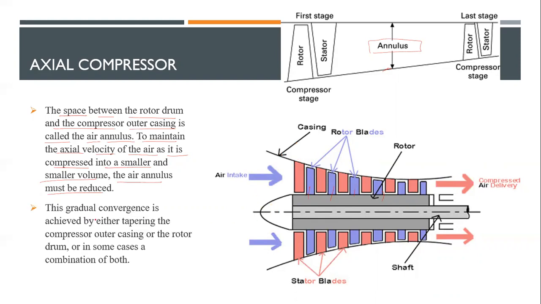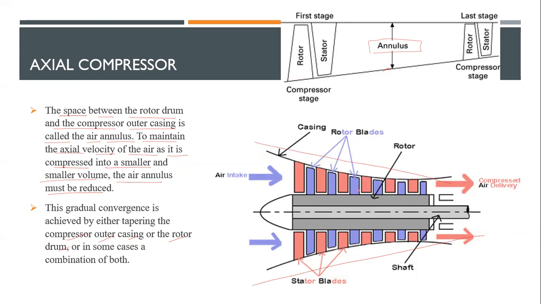The gradual convergence is achieved by either tapering the compressor outer casing or outer drum, or in some cases a combination of both. Convergence is what we are trying to achieve. As I'm telling you, the pressure rises a little high, and in order to keep the airflow going on, what are we doing? If you draw the diagram of this, we are making it a convergent duct, all in all.